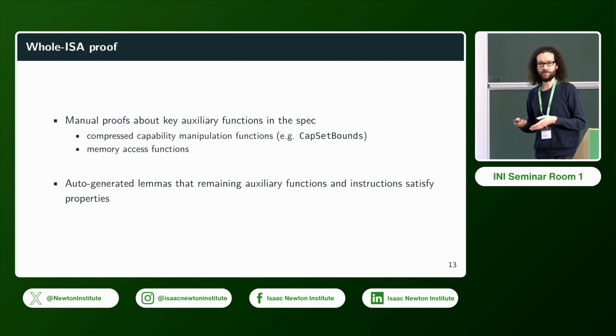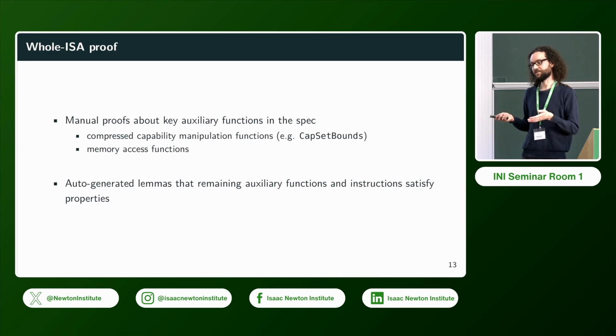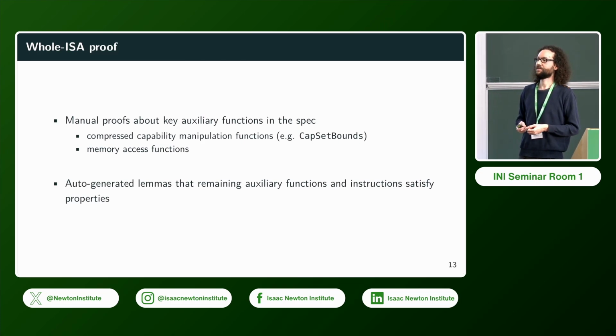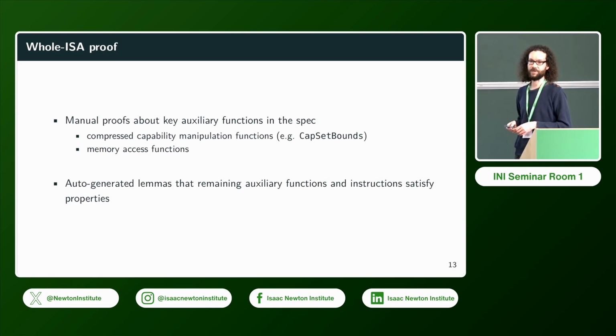And then we have the whole rest of the architecture to deal with. Morally, you might think this shouldn't be too hard, because basically what you have to check is that all the instructions use these primitive helper functions correctly. But going through the whole spec in an automated way requires quite a bit of proof engineering. And we wrote some custom automation for this. We did not try to do very fancy automation.